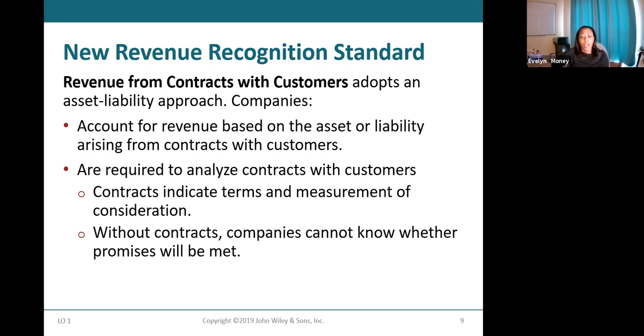Well, accounts receivable, or it could be unearned revenue if it's a situation where we've gotten the cash without providing the service. And we're also required to analyze all the contracts with the customers so that we can assign the correct number to that asset or liability that has resulted from the contract, and in turn assign a correct number to the revenue.